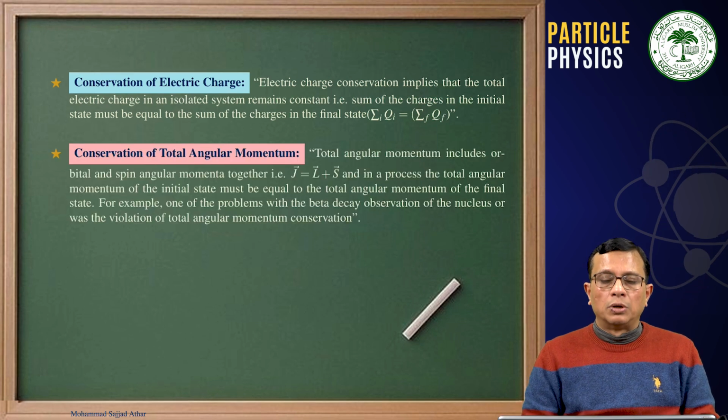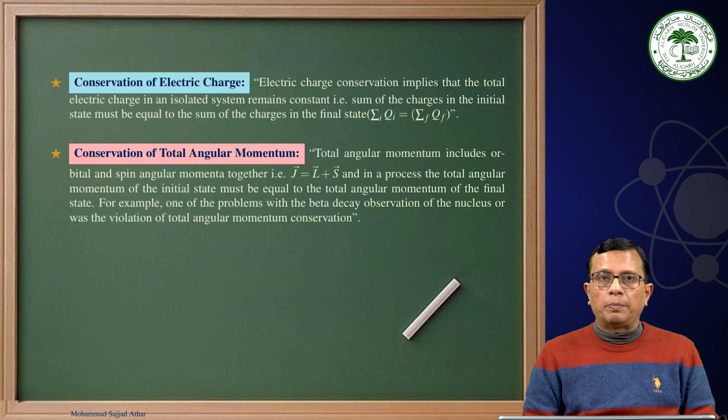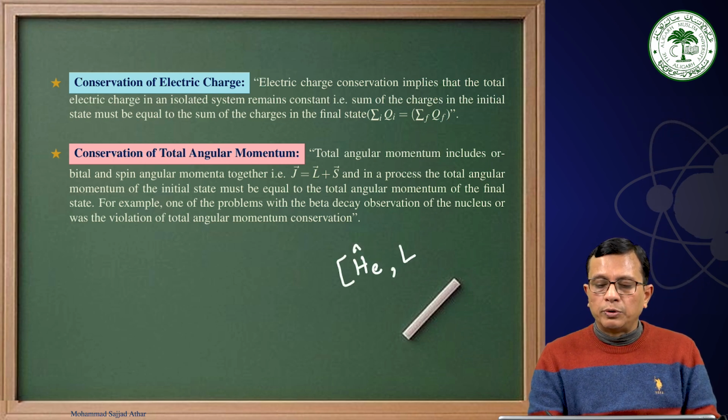Then let us come to the conservation of total angular momentum. As you know, the need of total angular momentum came when it was found that the Hamiltonian for the electron was not commuting with the angular momentum operator.